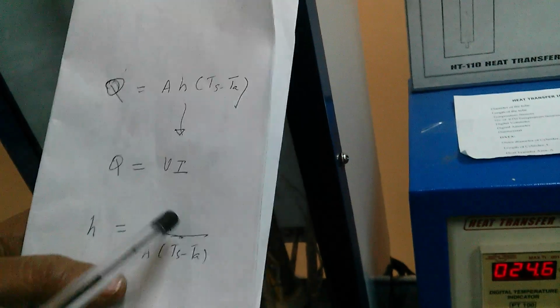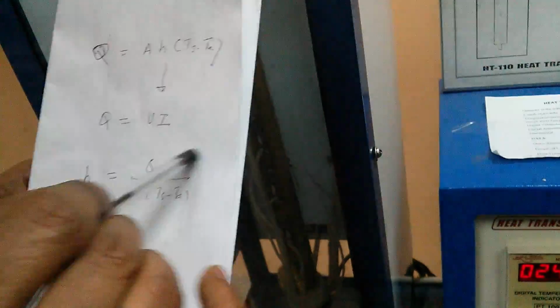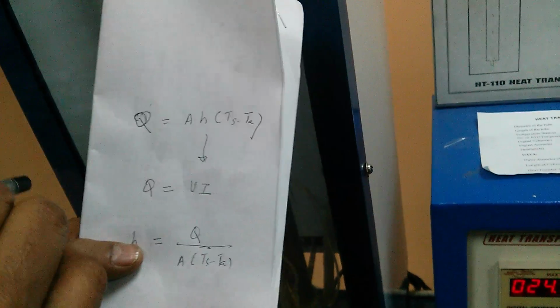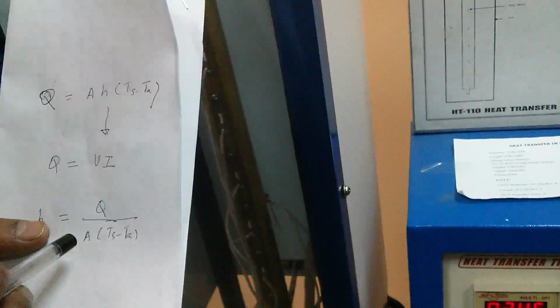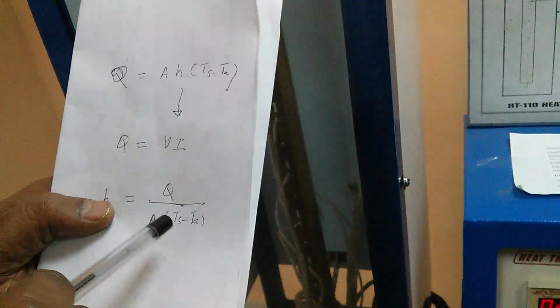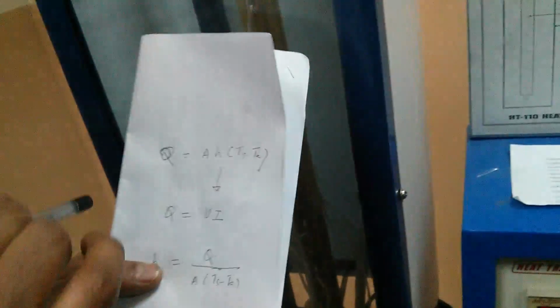Q is the total heat transfer, the total power input to the heater, and A is the outer surface area of the cylinder. You know the diameter and the length of the cylinder, so you can find the area. Then Ts minus Ta: I need to find the surface temperature of the cylinder.